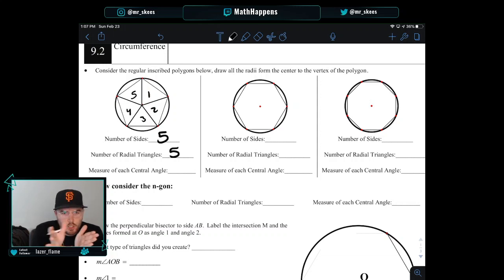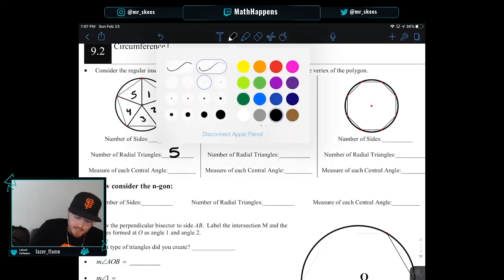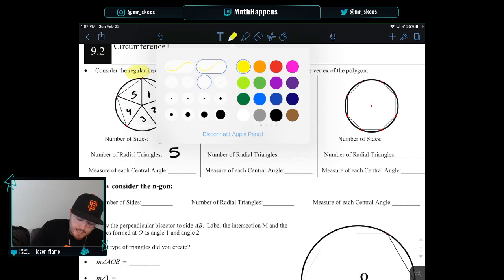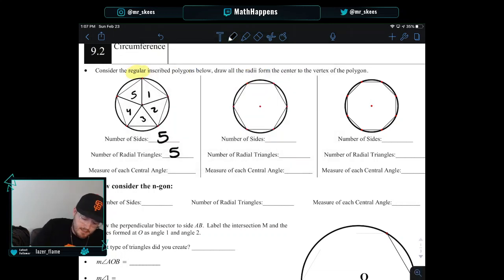What's the measure of each of those angles? So they're each the same size. This is a regular polygon. Let's highlight that word. These are regular polygons, meaning that every side is the same length. This is the same length as that, is the same length as that, is the same length as that, okay?